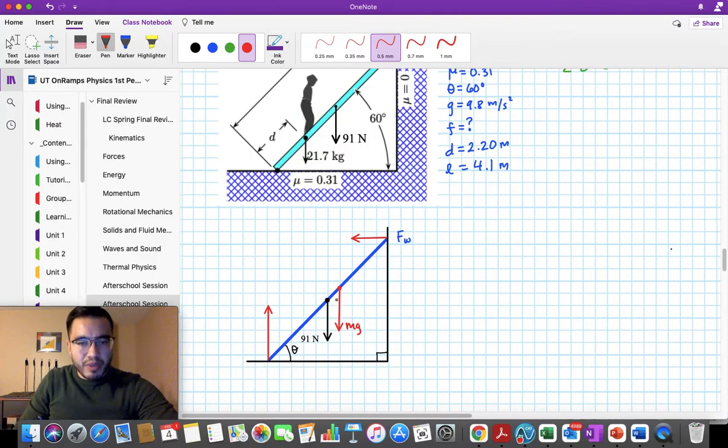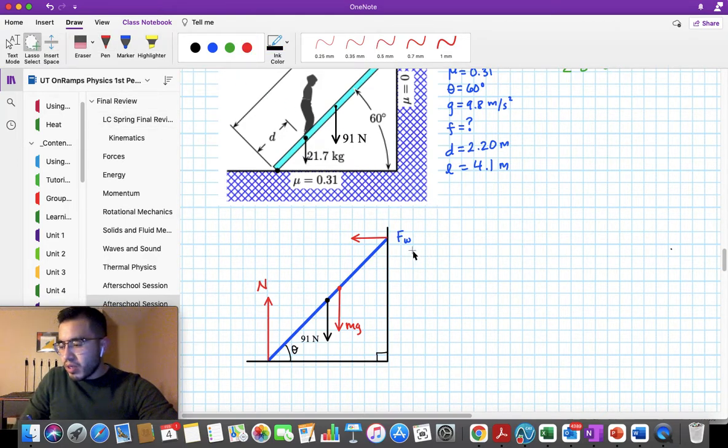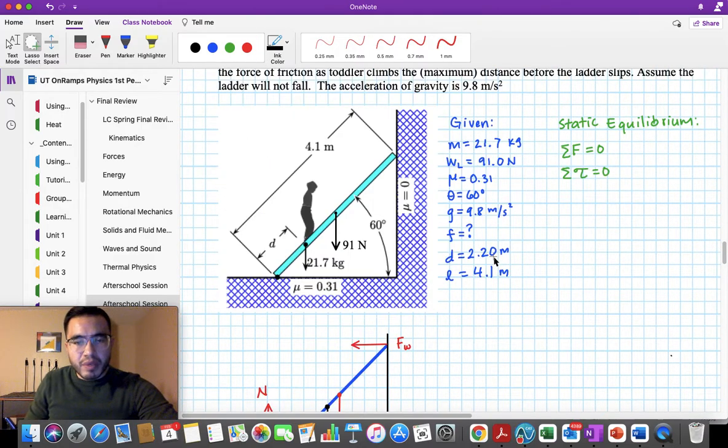If I add these two tip to tail, I'm probably going to get something longer than this, so I'll make it a little bit longer. This is the normal force. I should keep red for consistency. And we'll paint this red, force of the wall.